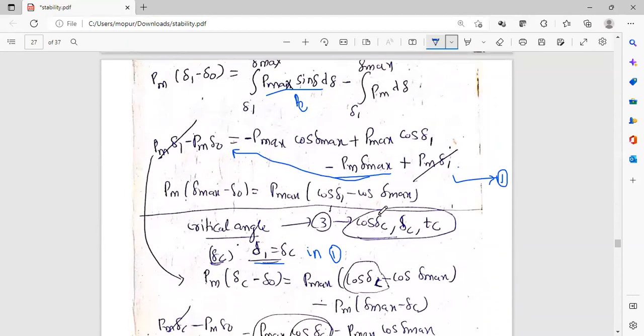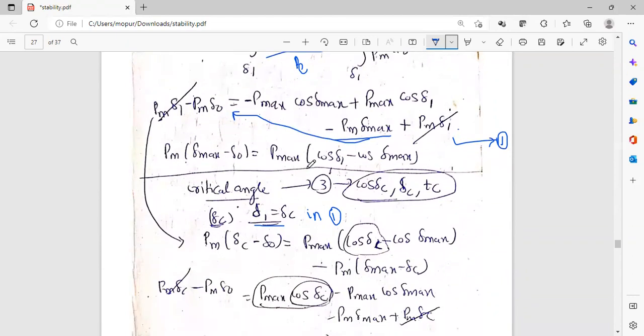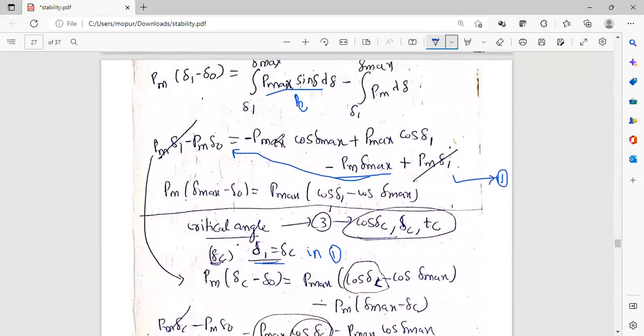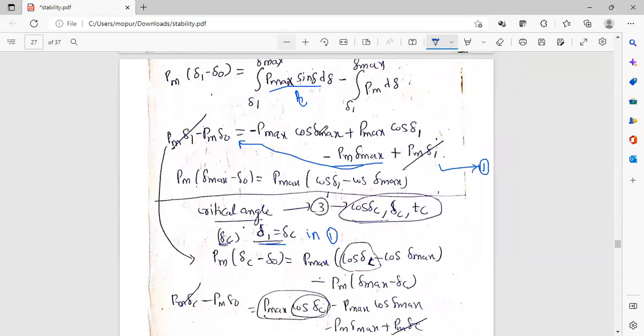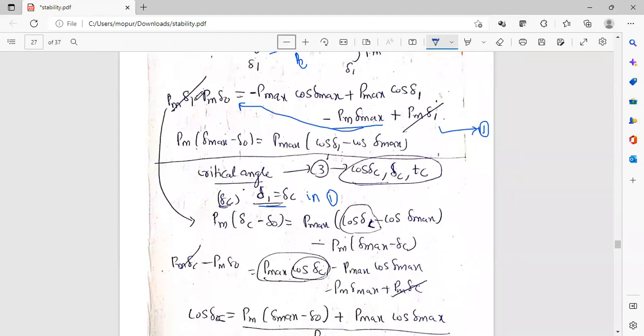In the next step you can see here: Pm delta C minus Pm delta naught is equal to Pmax cos delta C minus Pmax cos delta max minus Pm delta max plus Pm delta 1.